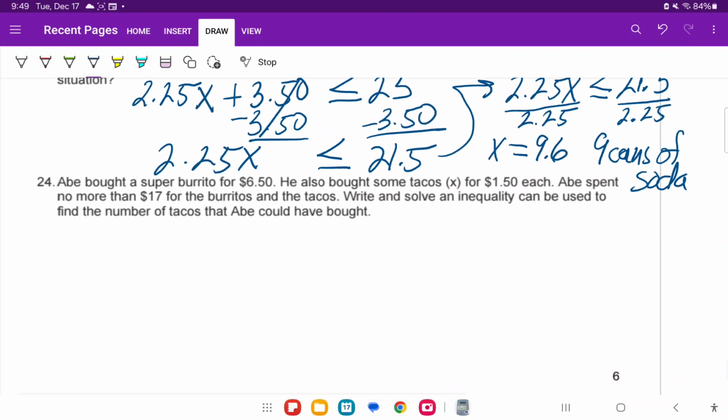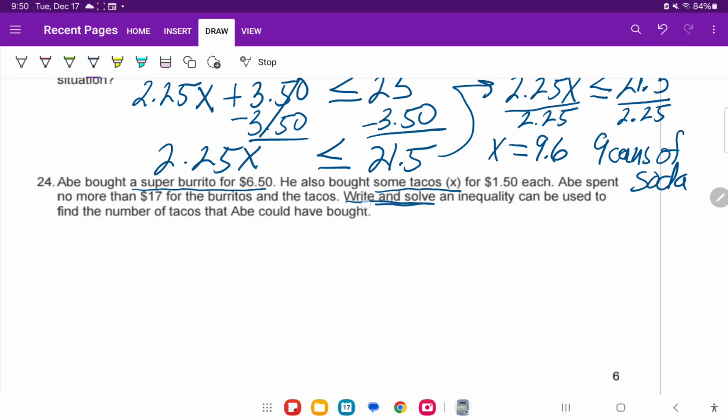Okay, last one. Abe bought a super burrito for $6.50. He also bought some tacos for $1.50 each. Abe spent no more than $17 for the burritos and the tacos. Write and solve an inequality that can be used to find the number of tacos that Abe could have bought. So he bought one super burrito, only one of these, but he also bought some tacos, which are X. So we want to write and solve.